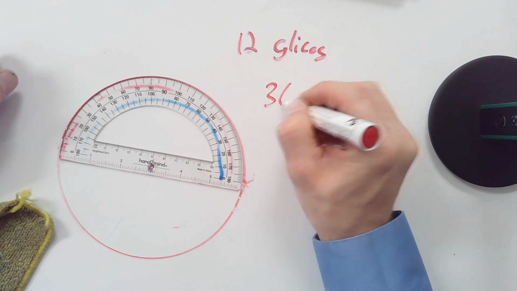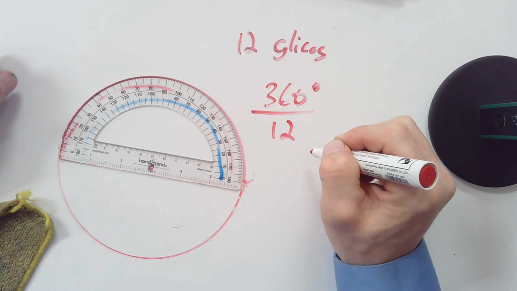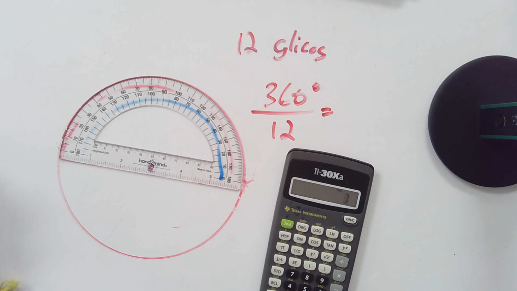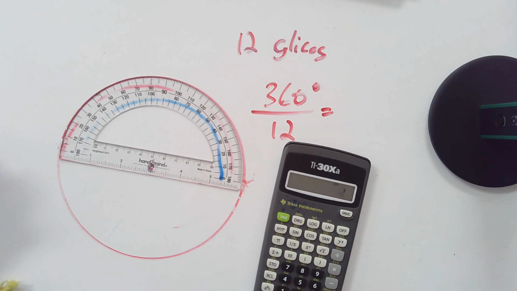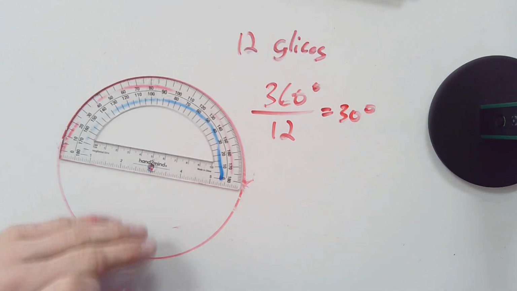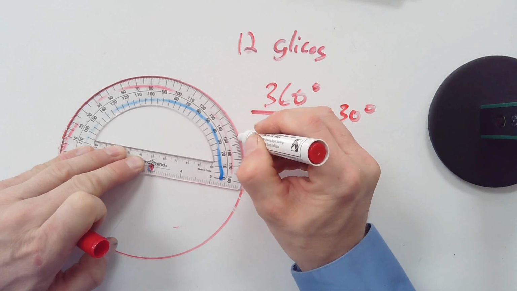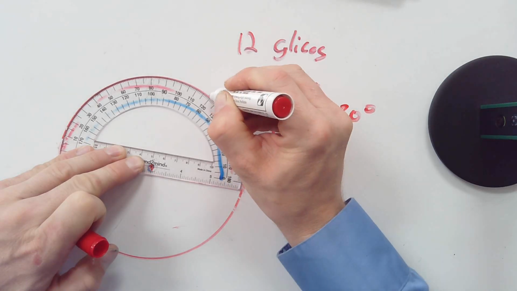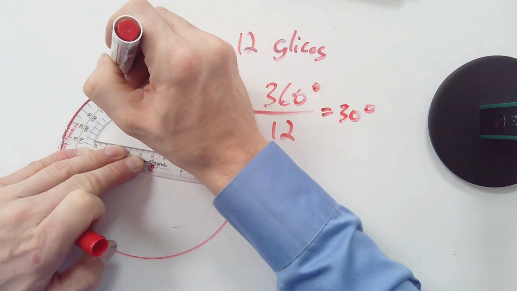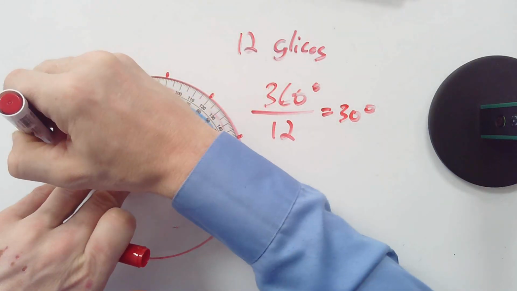Well, I have 360 degrees, and I'm going to split that into 12 equal pieces. So 360 degrees divided by 12 is 30 degrees. Here is my center point, and my one slice would look like that. 30 plus 30 is 60, 90, 120, 150, 180.